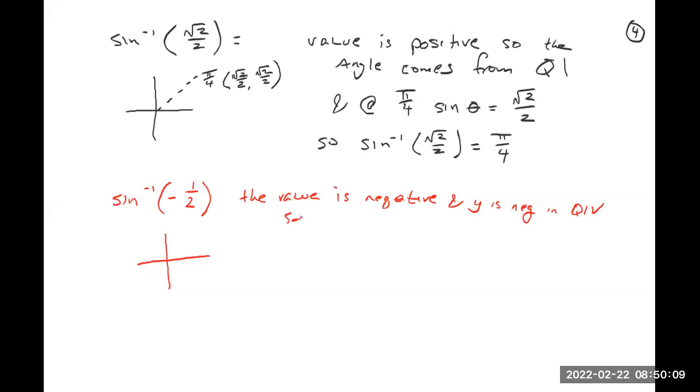So arc sine of a negative must be in quadrant 4, which we use negative theta to describe.